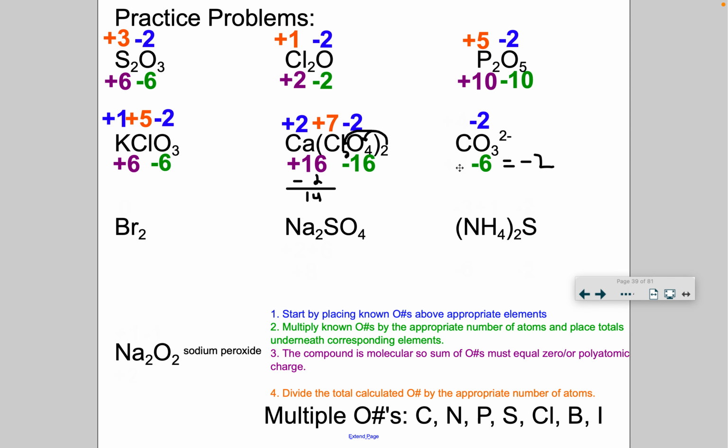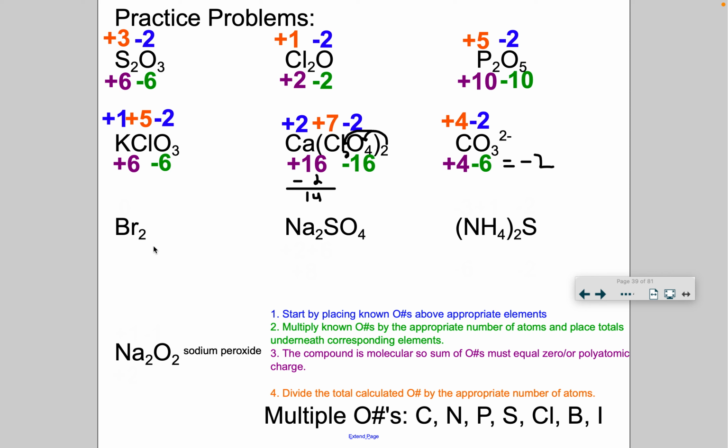So that means carbon over here has to be plus 4. Because I need to get to minus 2. So it's like x minus 6 equals minus 2. Well, if I add 6 over here, I end up with a positive 4. So this carbon is 4. 4 divided by 1 is plus 4. So your answer is plus 4, comma, minus 2.